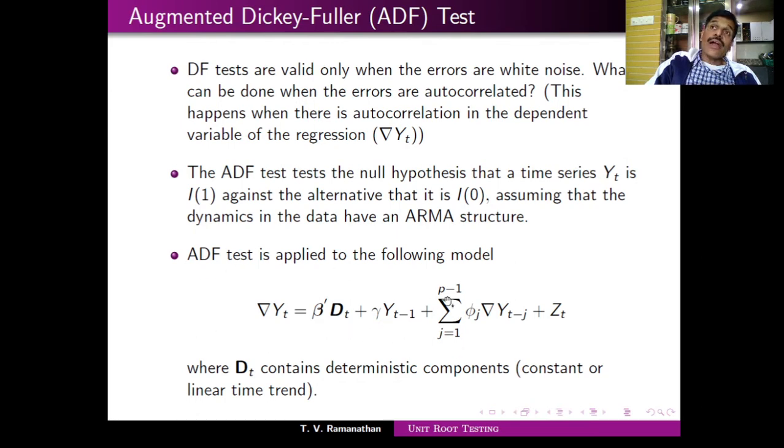Because if you take a large p, you are going for more terms, so more constants will be estimated, more errors come into the model, etc. If you go for fewer, serial correlation is not accounted for, so it will affect the test statistics. So appropriate identification of p is also a very important thing in this case.